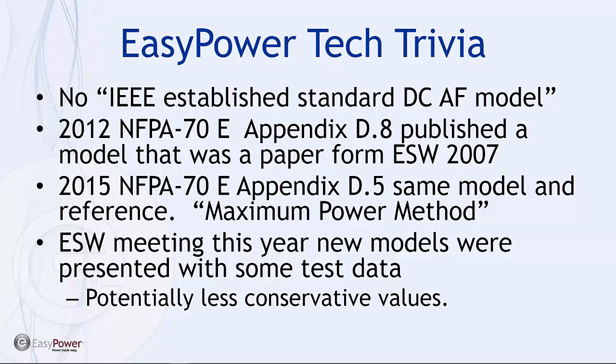The same model was carried into the 2015 version. Somehow it got moved up to Appendix D5, but it's still essentially the maximum power method that we're about to relay, and which is implemented in EasyPower.